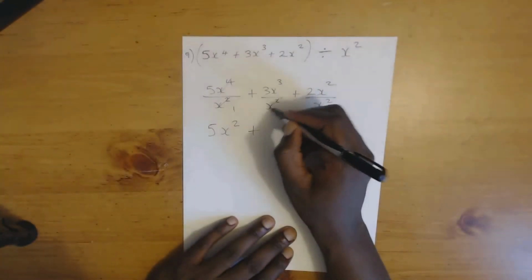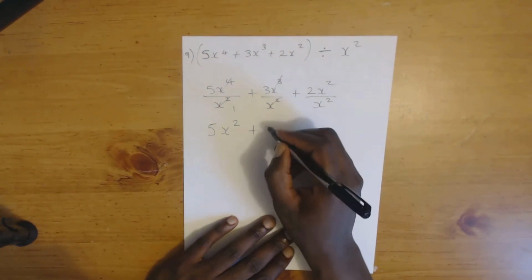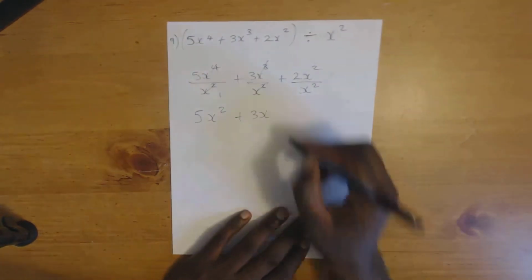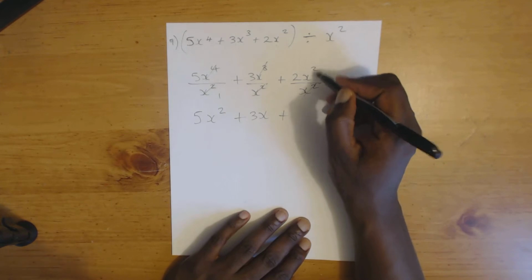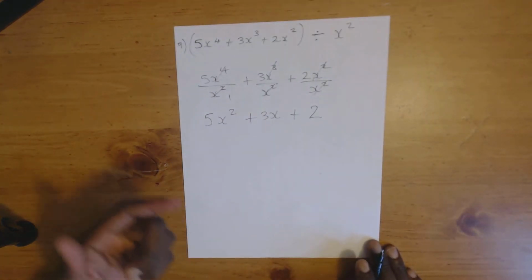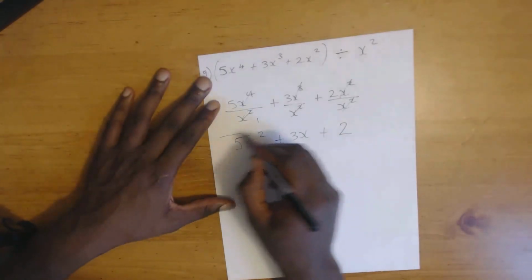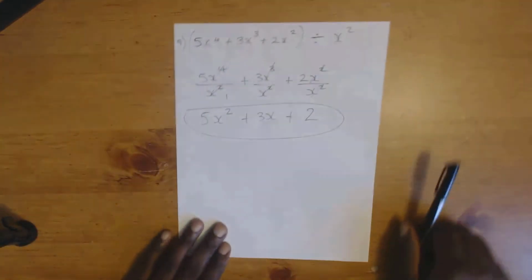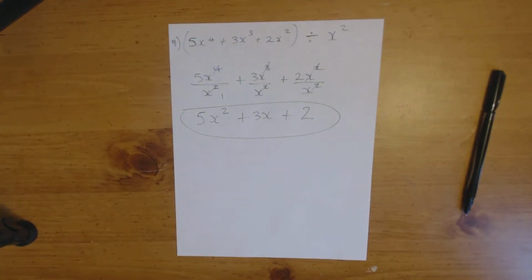Okay, plus x squared into this goes 3x, plus x squared into x squared is 1, so that leaves you with 2. And your final answer is going to be 5x squared plus 3x plus 2.